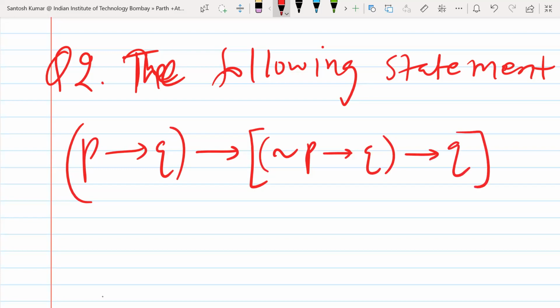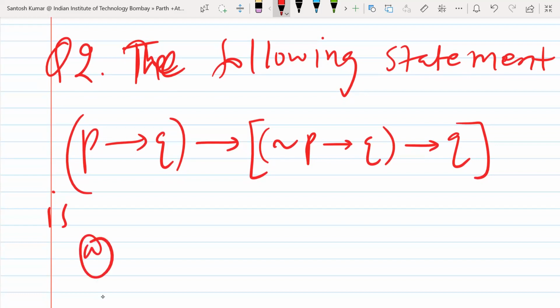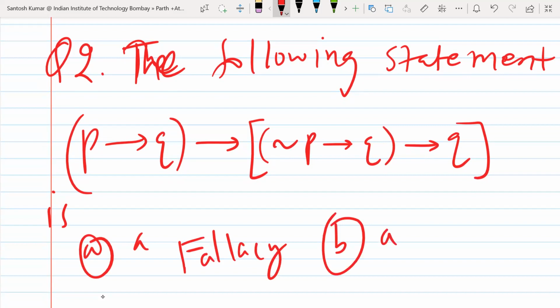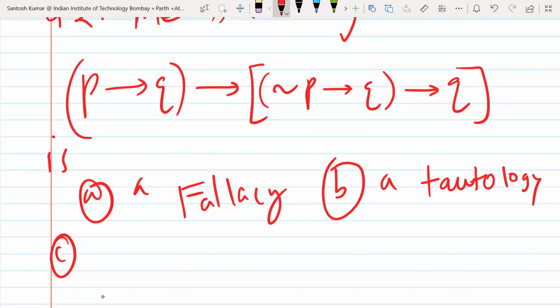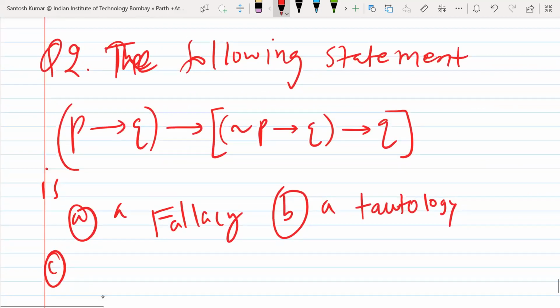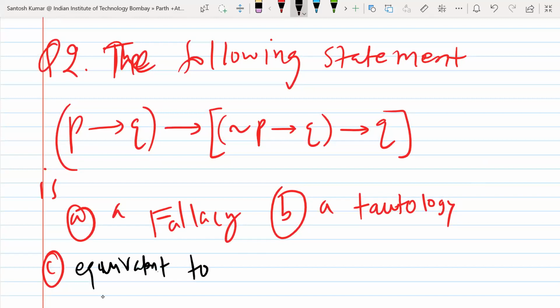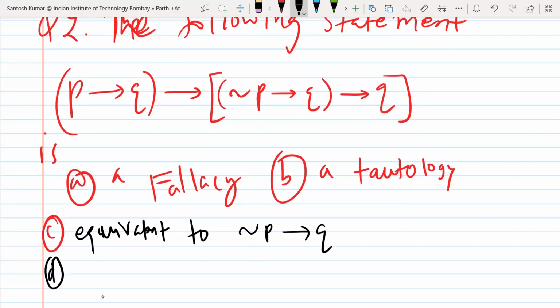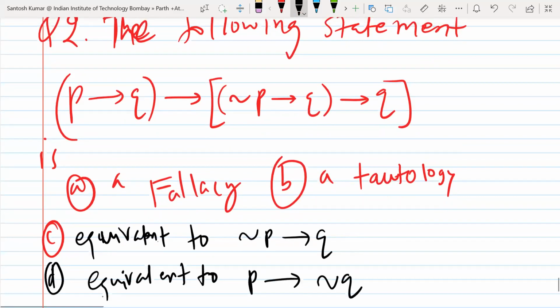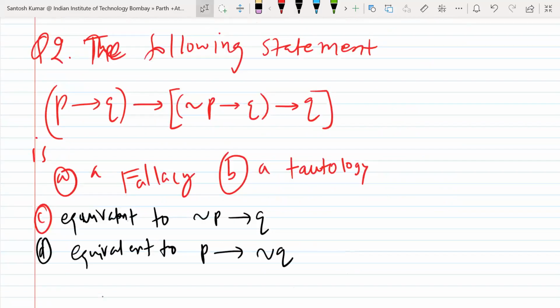Option A is a fallacy, option B is a tautology, option C is equivalent to not P implies Q, and option D is equivalent to P implies not Q. Please try. You can open a book and use formulas. At home you can practice using this.